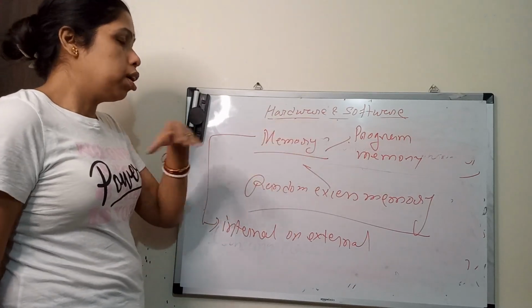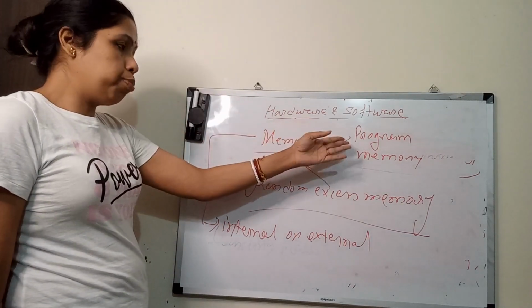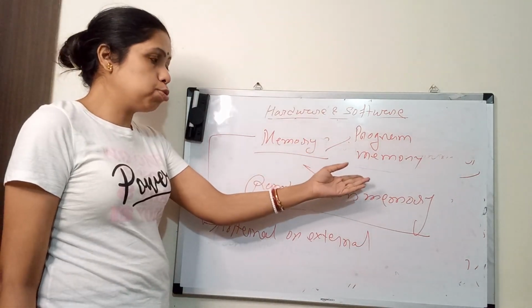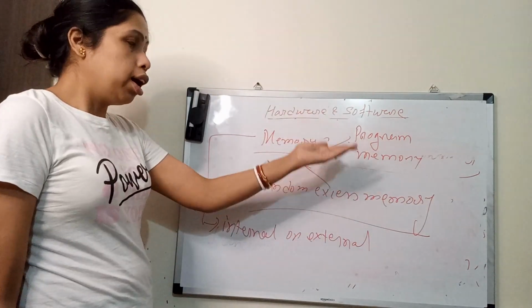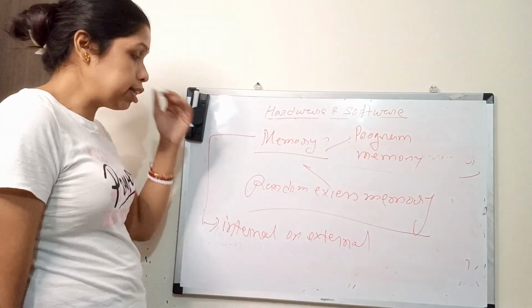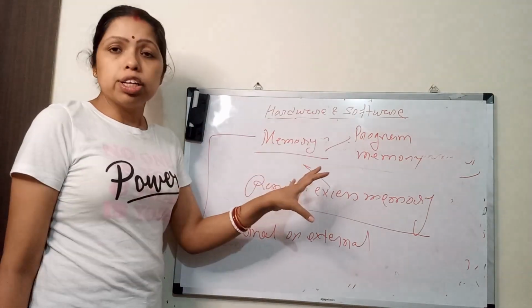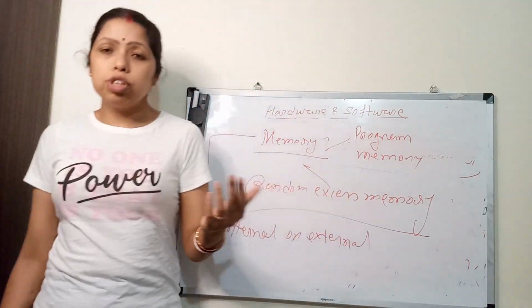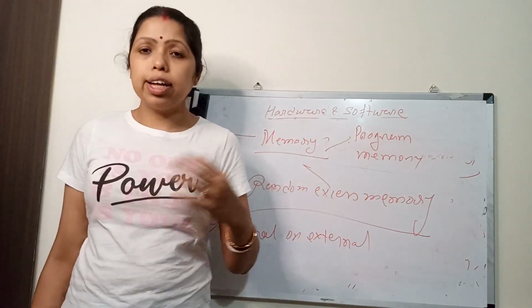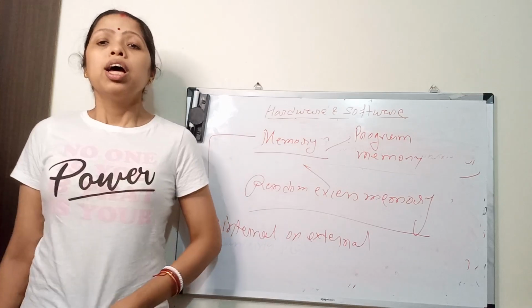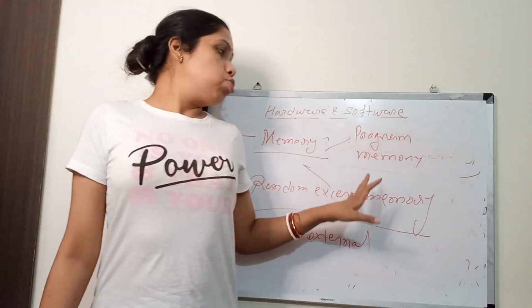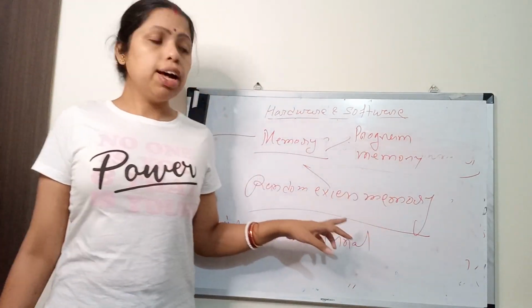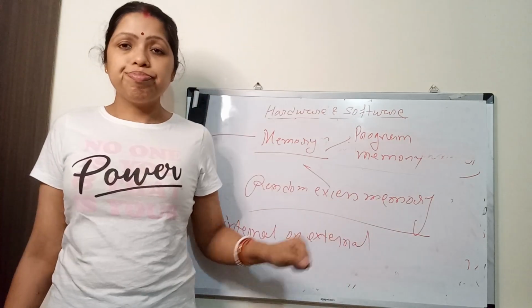Suppose for program memory the memory size is 64 GB, but for random access memory suppose 4 GB. But if you need more than this size, you can connect external memory along with the microcontroller. Now come to the program memory and the random access memory.